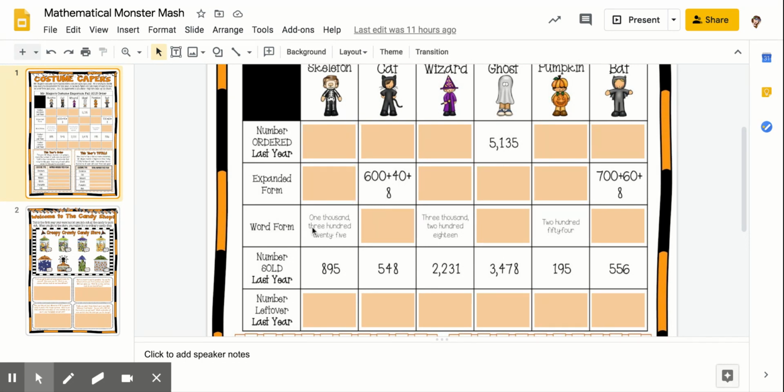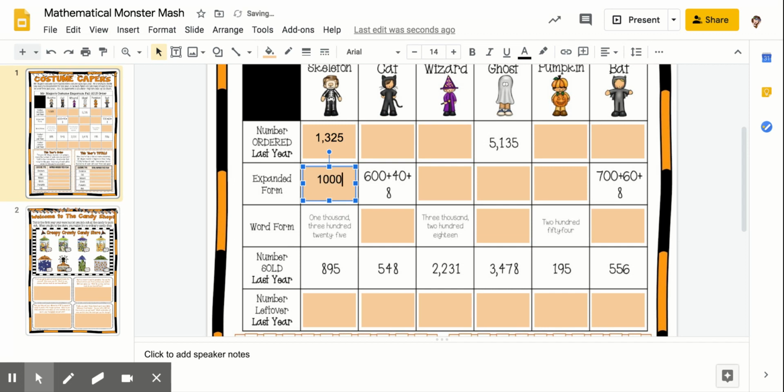So if in word form it says that he ordered 1,325, I would type that up here, right? And then I can take that and I can put it in expanded form, right?